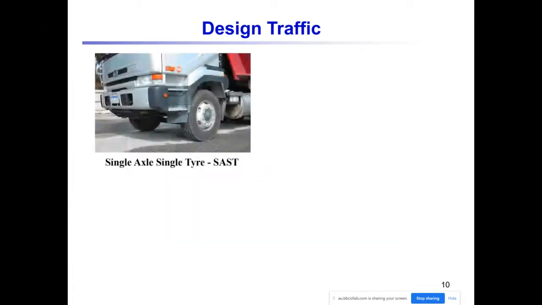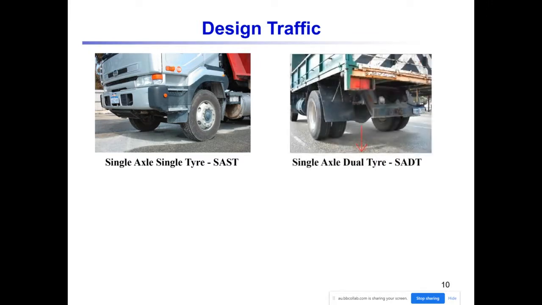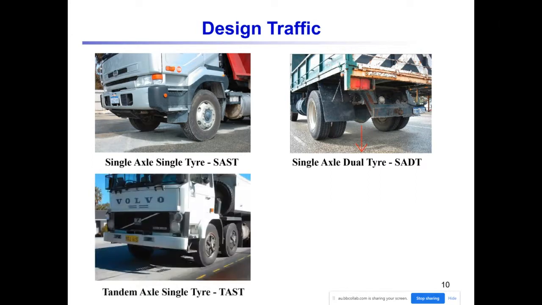Here I brought you the examples. So this is the single axle single tire. Simply you can see that. This is generally at the front of the vehicle. At the rear of the vehicles, we generally have dual tires. So here you can see the single axle dual tire. Here you can see tandem axle single tire.